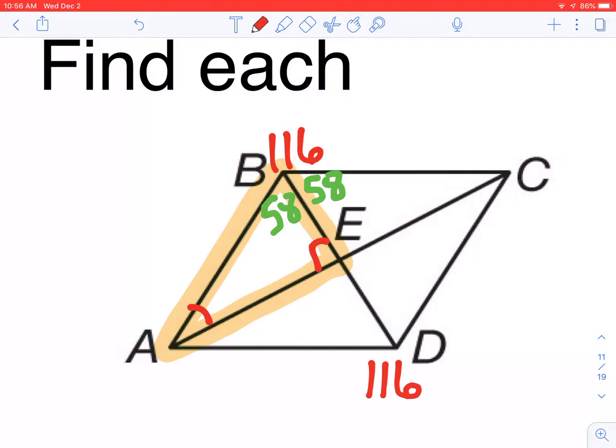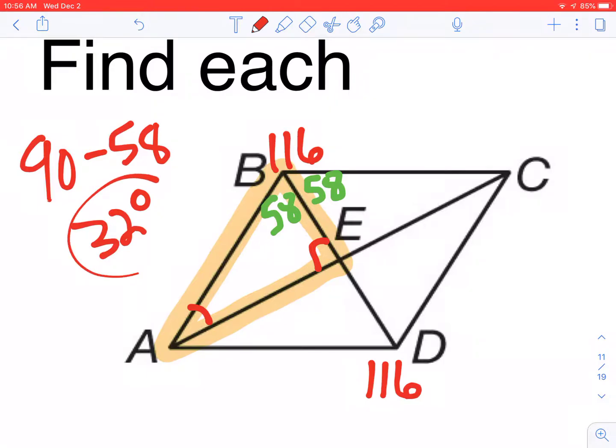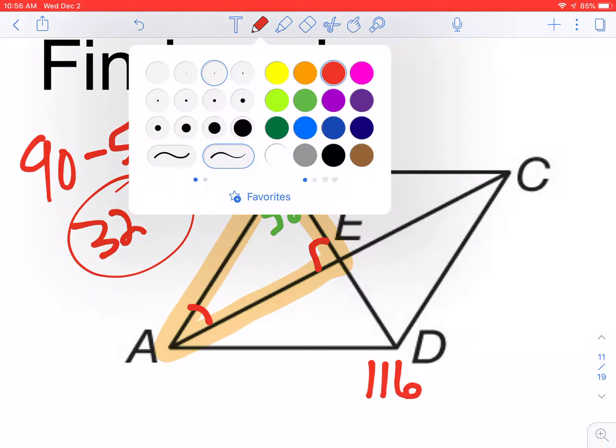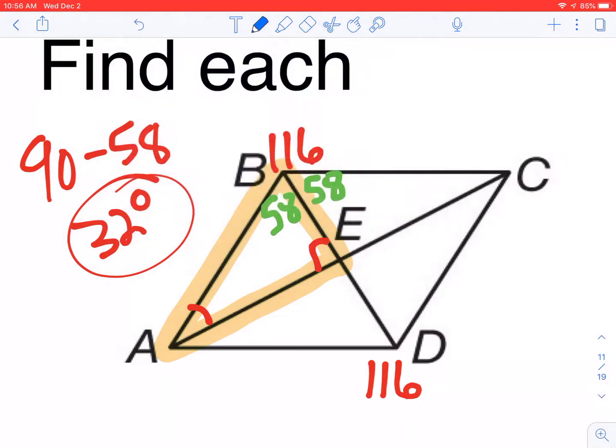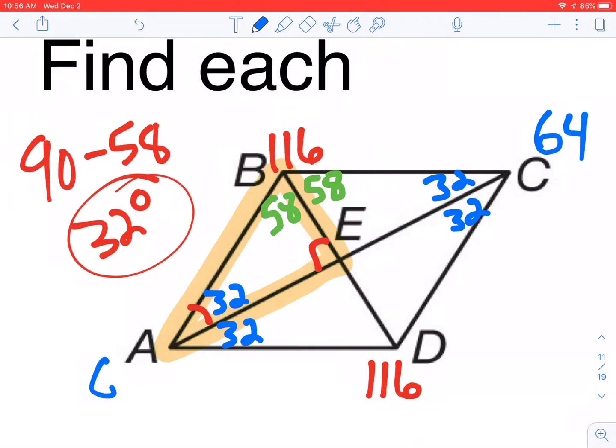Okay, so I just do 90 minus 58, and I will get 32 degrees. Okay, so what you're going to find is that this is 32, this is 32, this is 32, this is 32. In other words, those would be my four angles there.